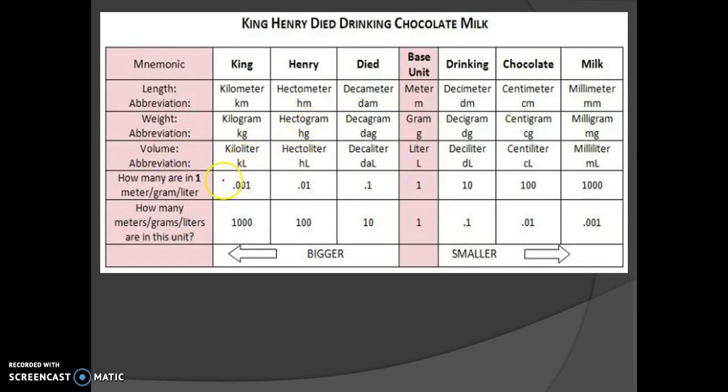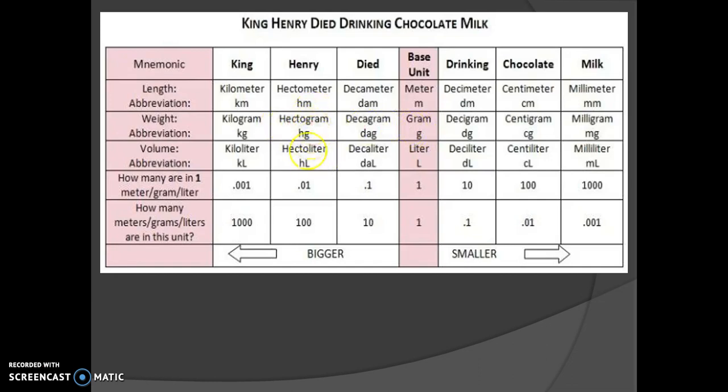So how to use this table for unit conversion. Here's the thing. You can only convert within the units of length, volume, or mass.